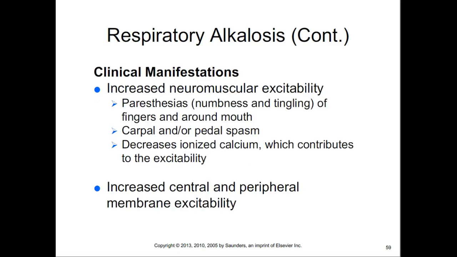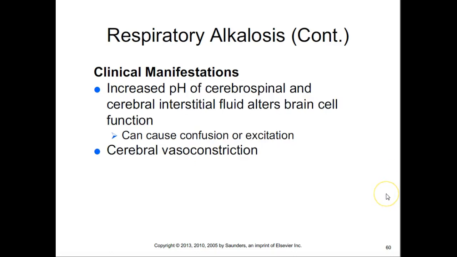And then you might see numbness and tingling, the paresthesias, because of the increased neuromuscular excitability, carpal and or pedal spasm, and decreased ionized calcium, which contributes to excitability. So central and peripheral membrane excitability.